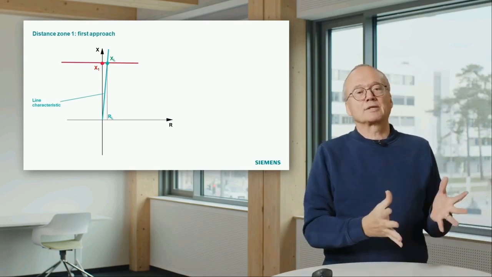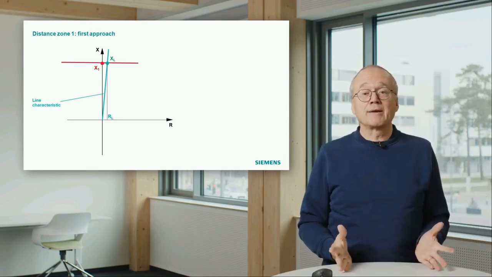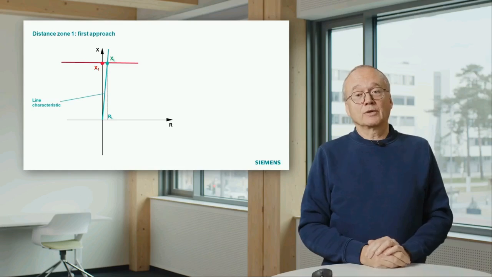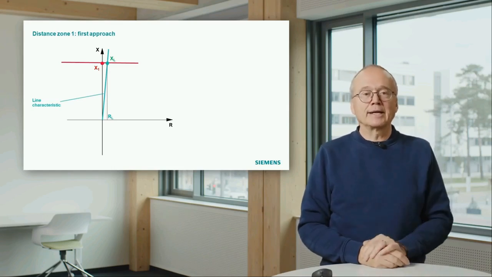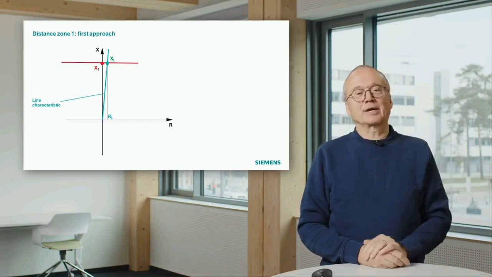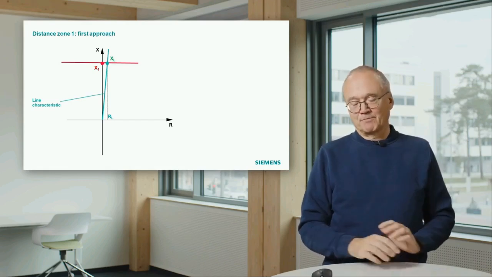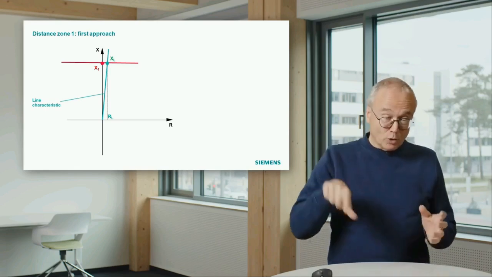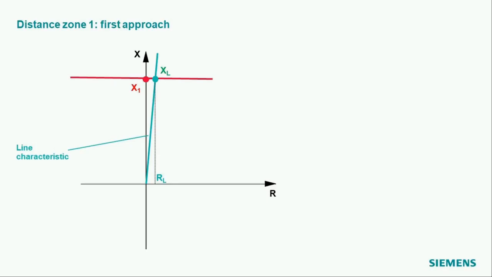If we want to set a distance relay, we ask our network planning people, what is the total reactance of our line? And then we say, okay, that is our horizontal limit.